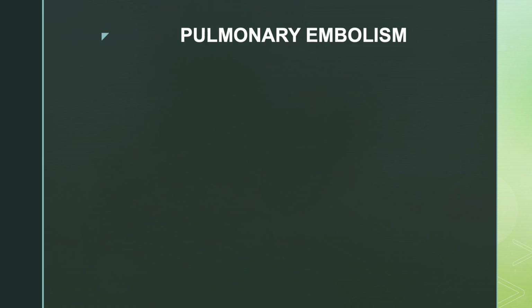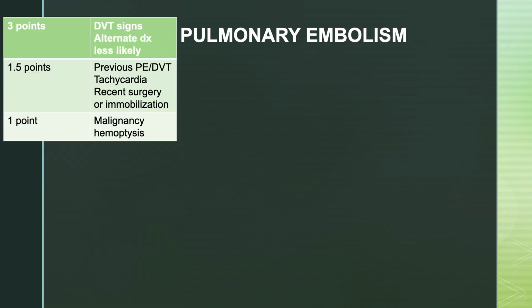So now let's talk about what the Wells score criteria is. You need to know the features in the modified Wells score. So these are the features. 3 points are given if you have DVT signs. Remember, in the question they will almost never give you DVT signs because that makes the pulmonary embolism diagnosis very easy.